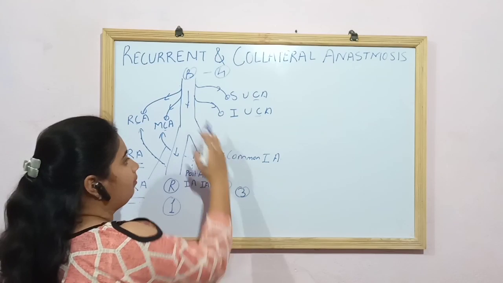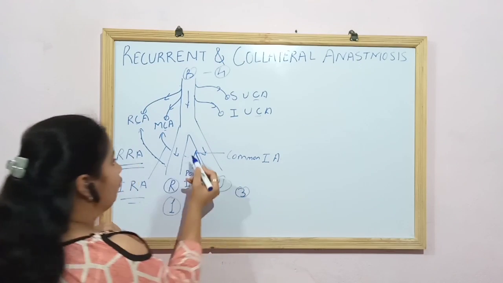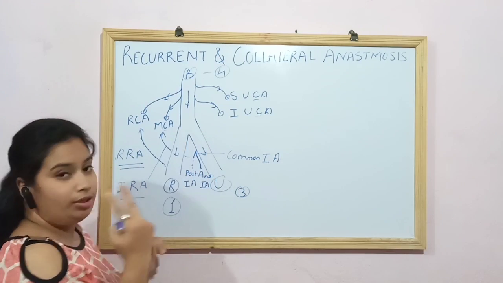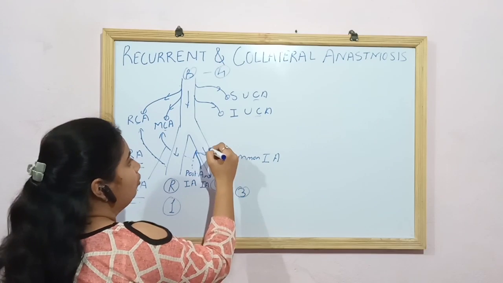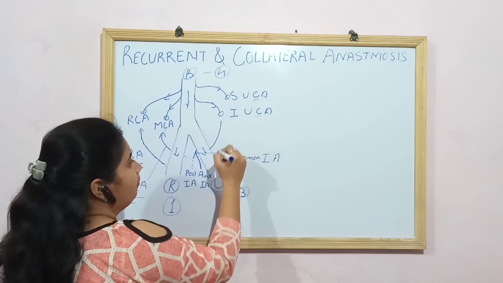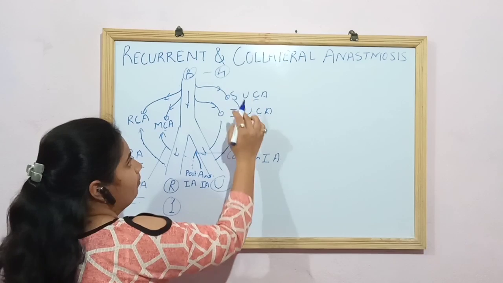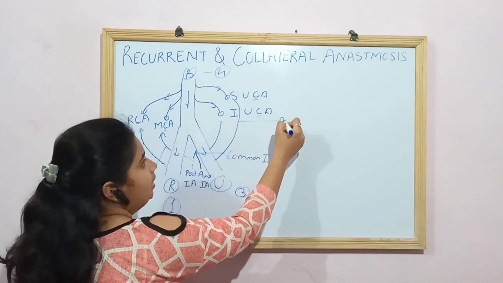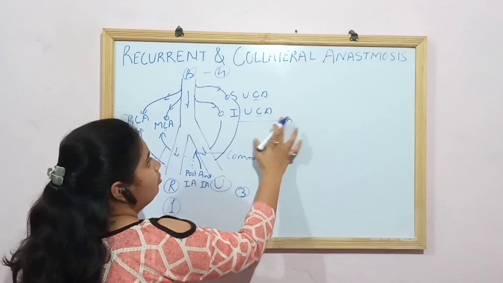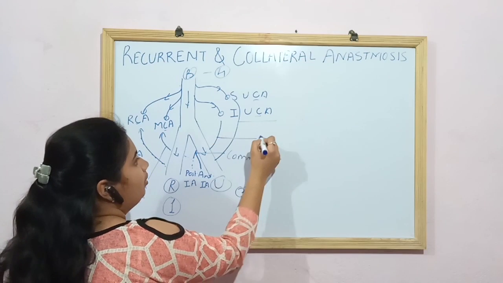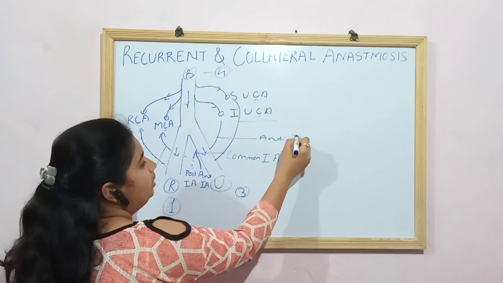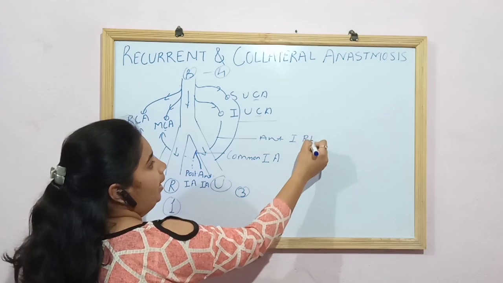Again, the ulnar artery is going to give 1 branch, this one, and the remaining are the 2 branches, this and this. This one is your anterior interosseous recurrent artery.